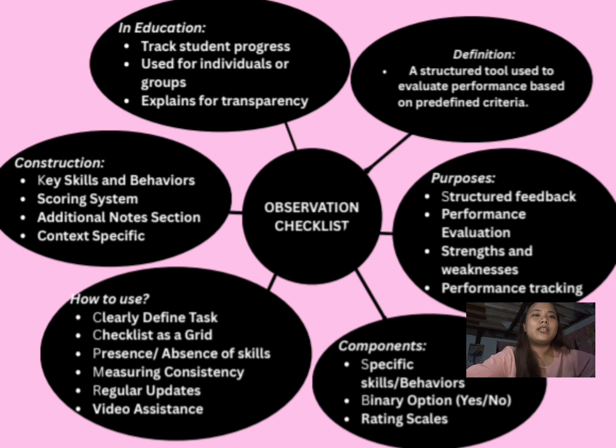The second one is performance evaluation. This is about figuring out how well someone is teaching, how engaged the students are, or how successful a program is overall. It serves two main purposes. First, formative, and the second one is summative.